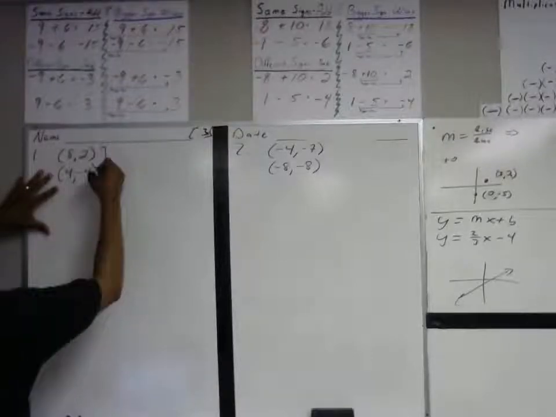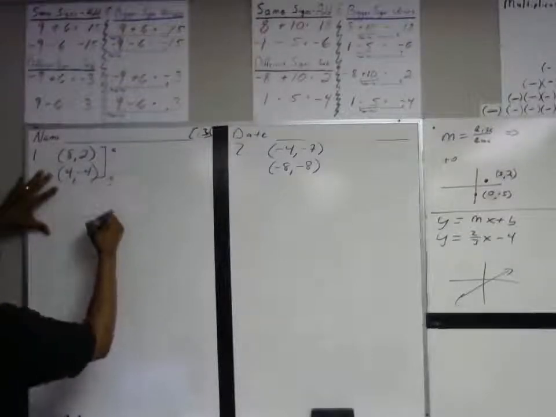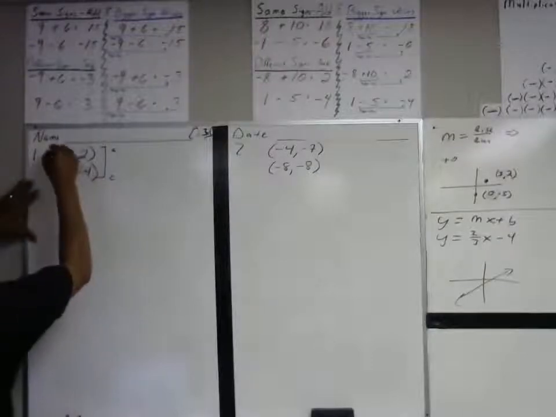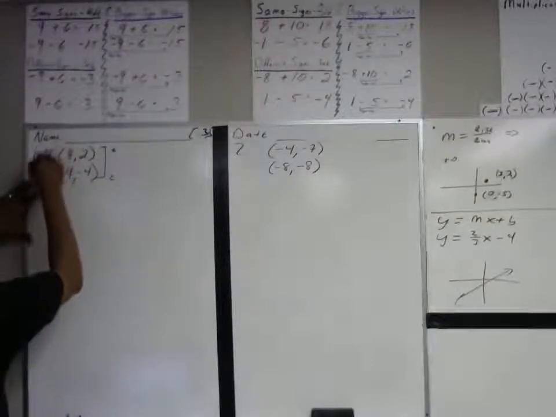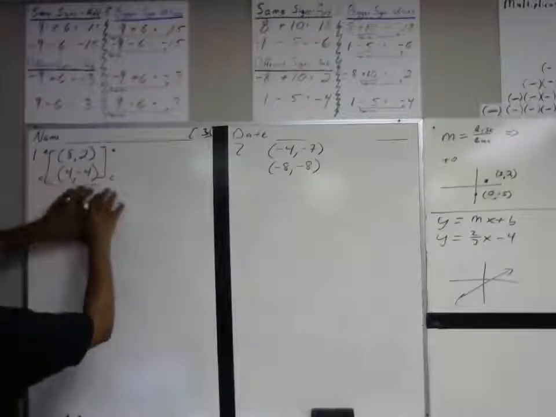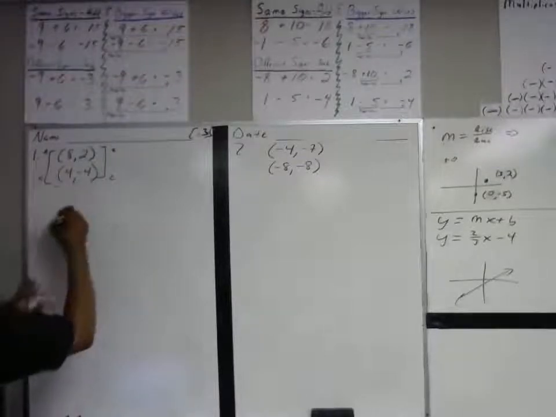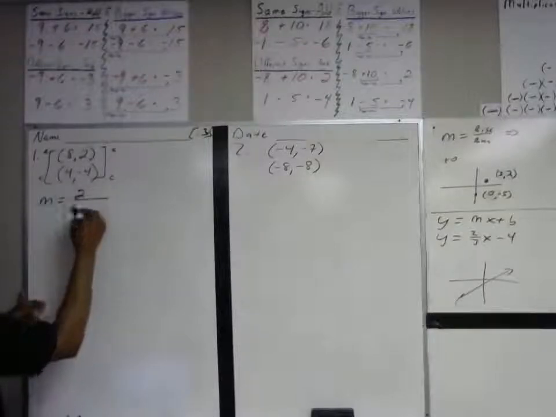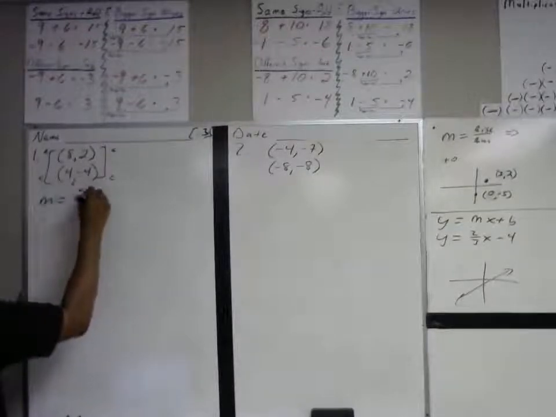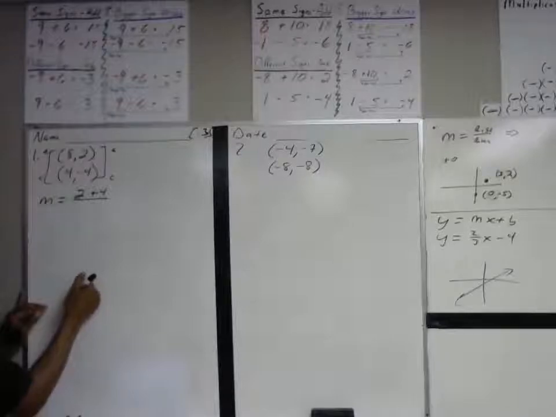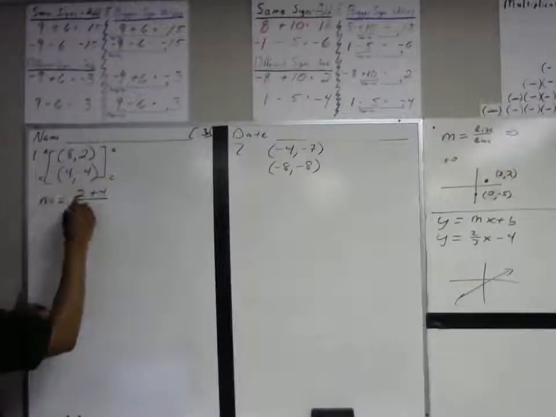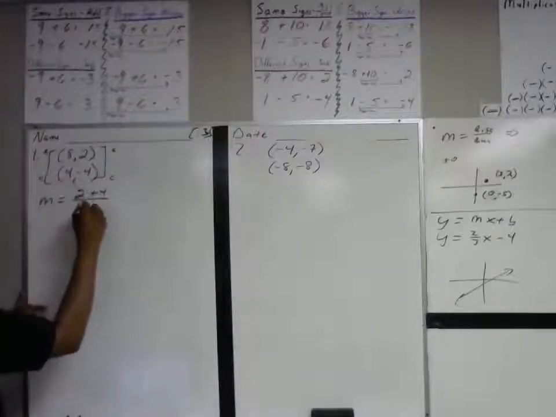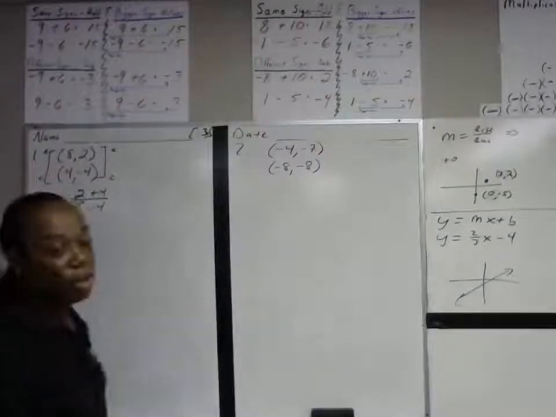So I'm going to do a keep and change on the left side, and a keep and change on the right side. So what you'll get is m equals, keep the 2, change the -4 to +4. Keep the 8 and change the +4 to -4.